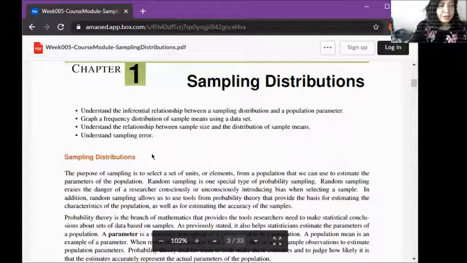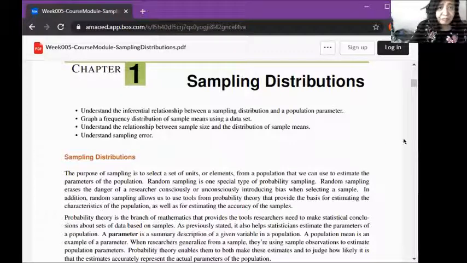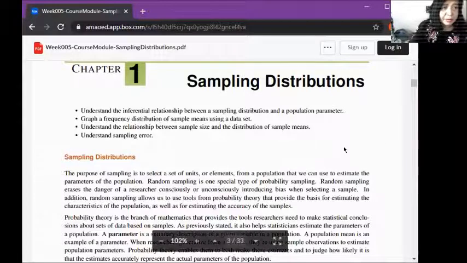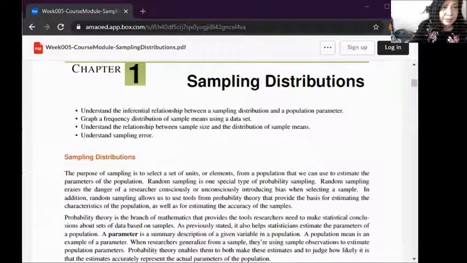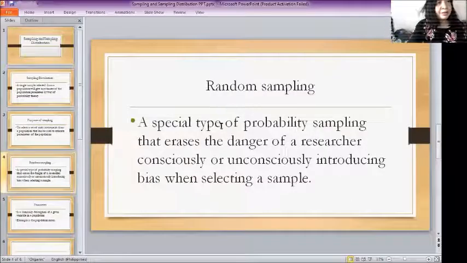Sampling distributions. Okay, so I have prepared here another PowerPoint.